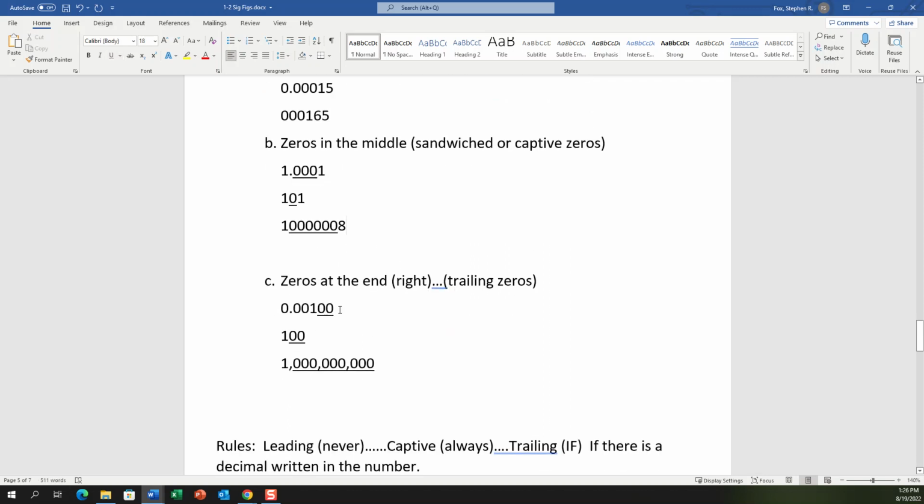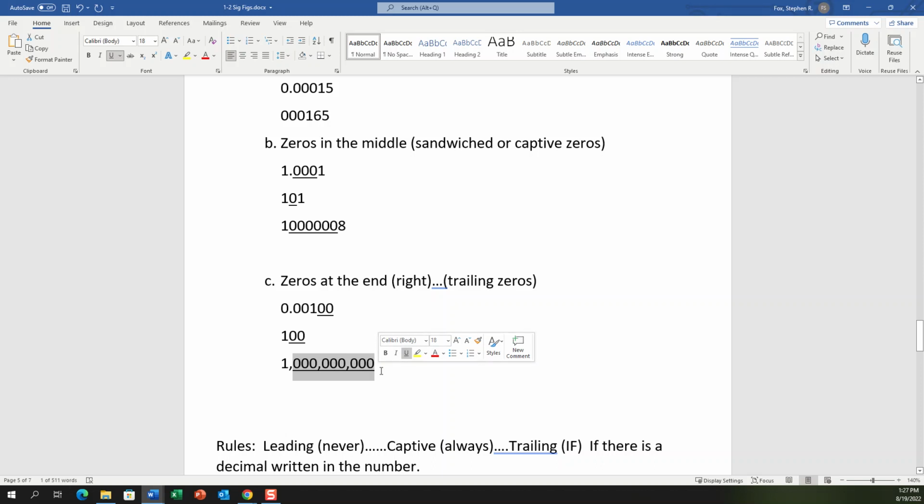So we call them trailing zeros. So these 2 zeros trailing in the number 100, those are 2 trailing zeros. And the number 1 million, or sorry, 1 billion. These would all be trailing zeros.